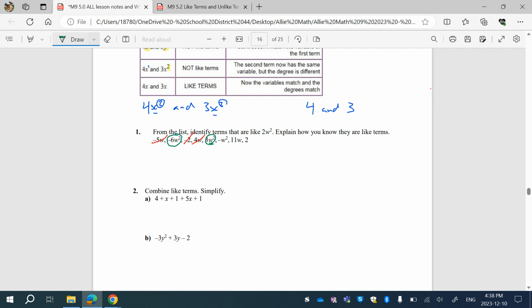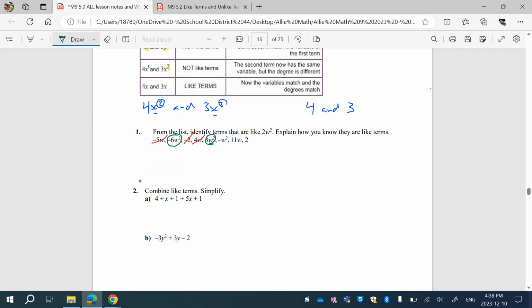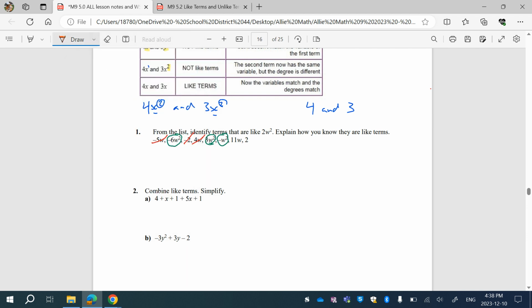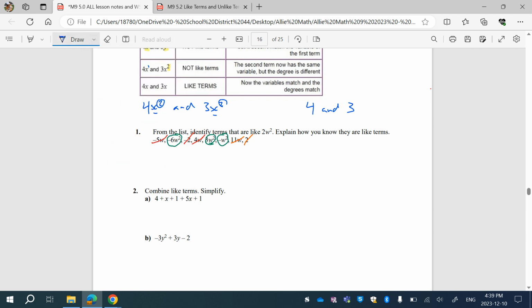Okay, next is a negative w squared. Yeah, this also has a w, a same variable, same degree. So this is like as well. Next, we have 11w, same variable, not the same degree. And finally, 2, same coefficient, essentially, same number up front, though it doesn't have a variable, it doesn't have a degree, so that's a no. So, how do you know, explain how they're like terms?